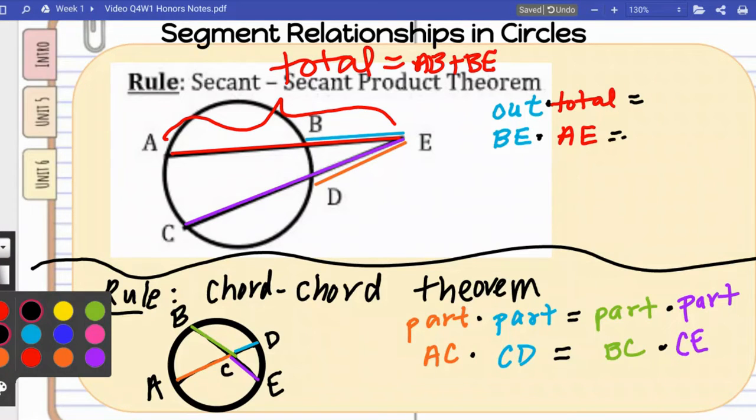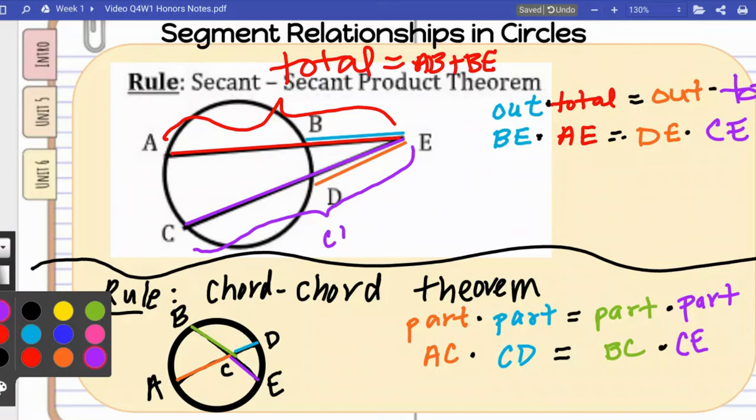This will equal the outside of the other secant line, which is DE, that distance, times the total of the other secant line, the total length, which in our case is CE. If I want to get the total length CE, all I do is take CD and DE and add them together to get the total.